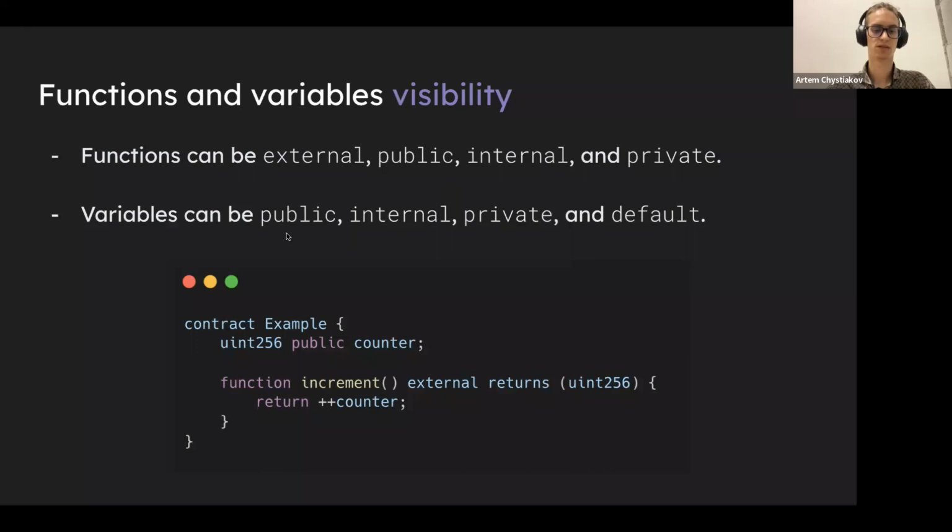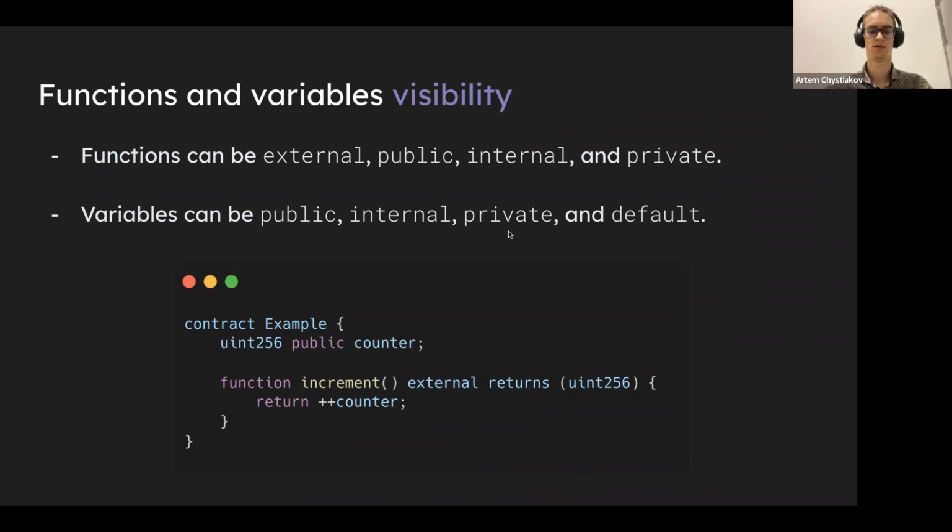Variables can be public, so this means that Solidity will generate the getter for this variable for you. So you wouldn't need to write your own getter for this variable because it is automatically generated. Internal ones, as well as the functions, are only accessible from within the contract and from its descendants.